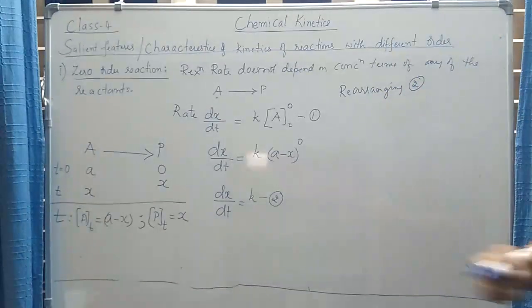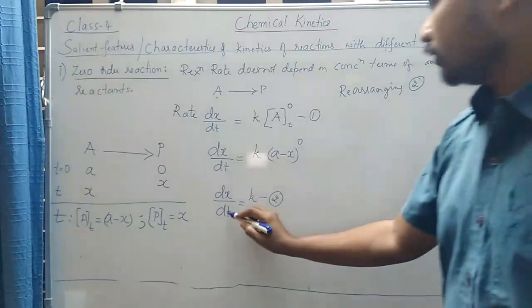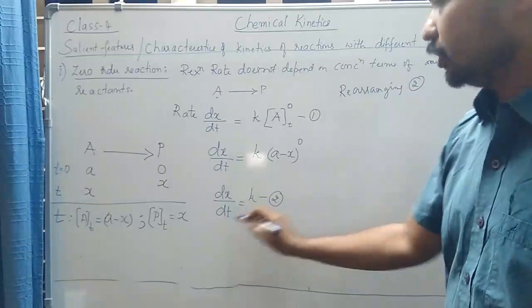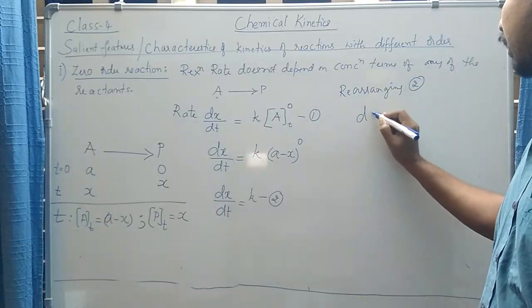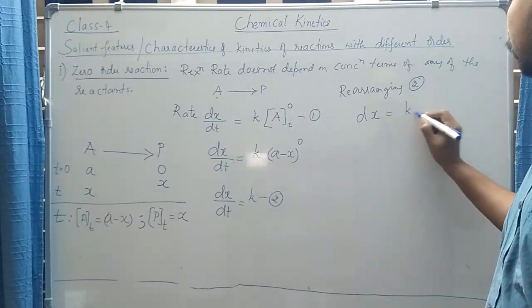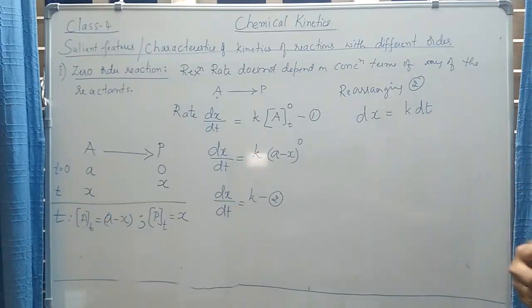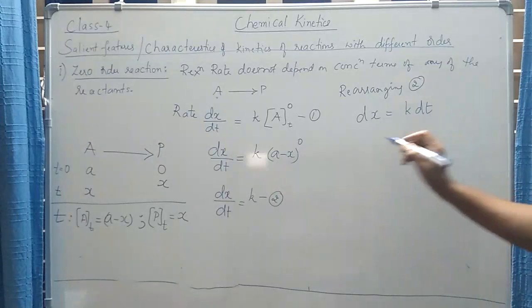Let us rearrange equation 2. I will take this term dt to RHS. So we will get dx is equal to k into dt.